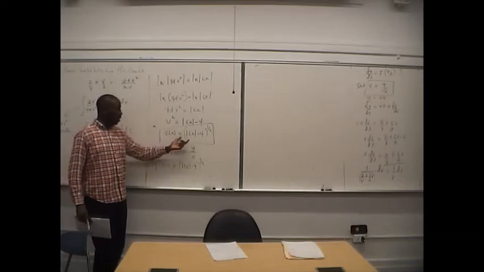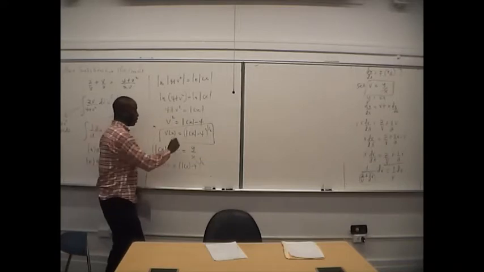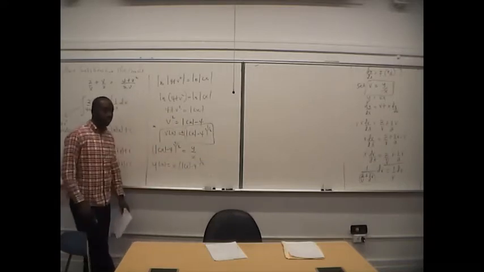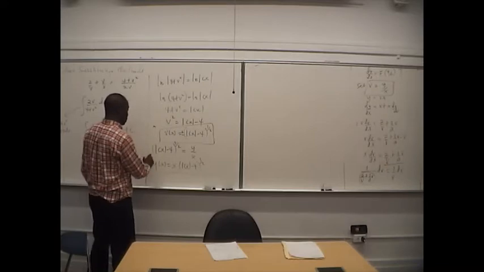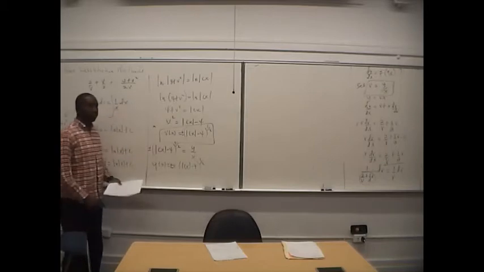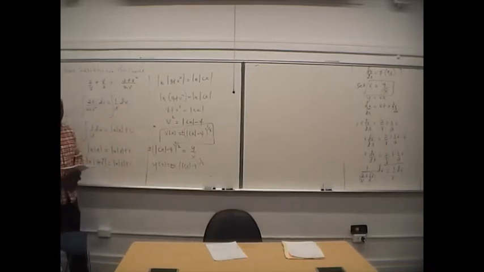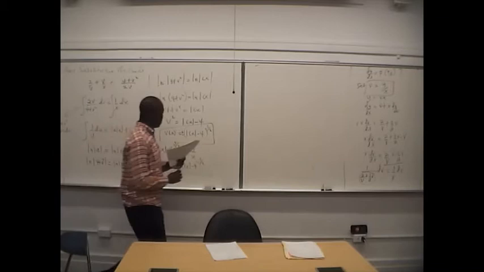So depending on your initial condition, you will either be taking the positive or the negative. So this is plus or minus, which means that this is actually plus or minus. Depending on your initial condition, one of these will take precedence. Or you can leave it as an implicit solution, right?